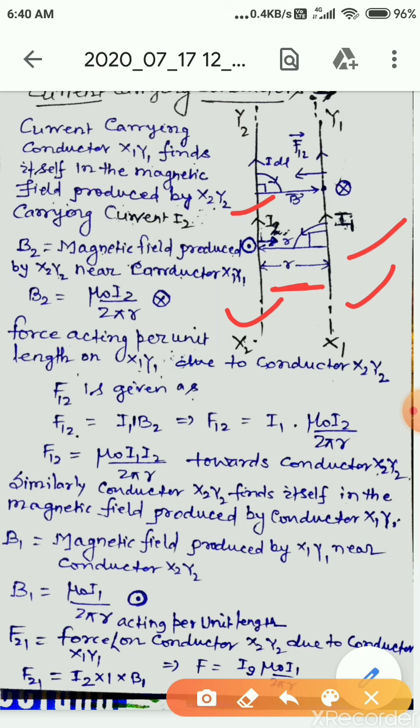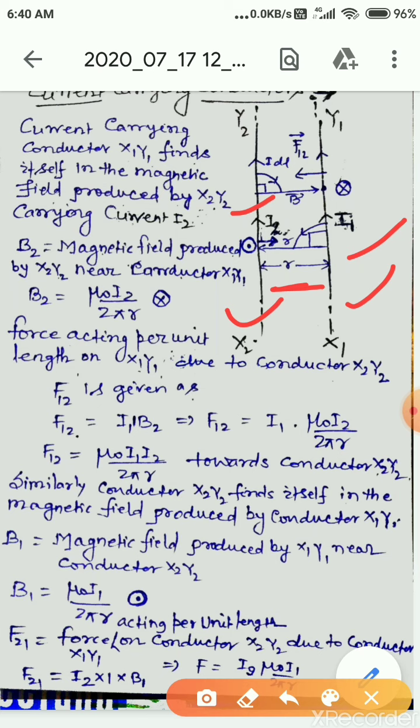Now we know that a current carrying conductor produces a magnetic field around itself. Another fact is that when a current carrying conductor is placed in a magnetic field, it experiences a force.